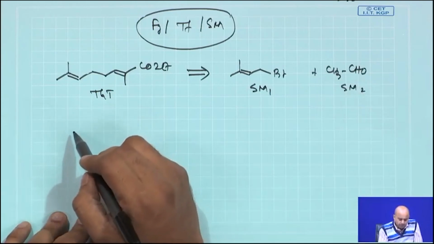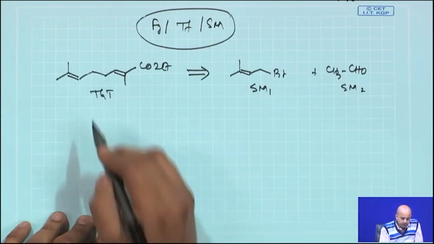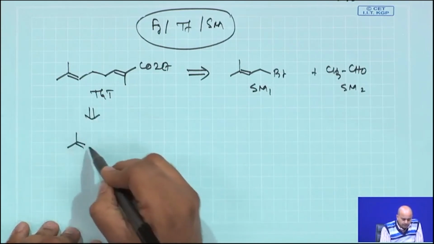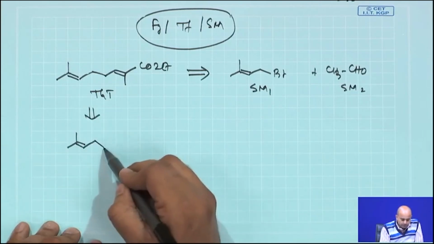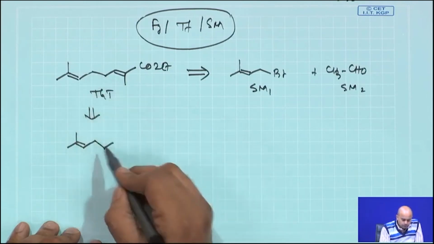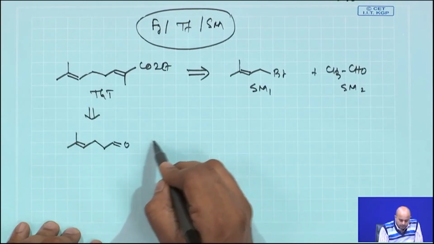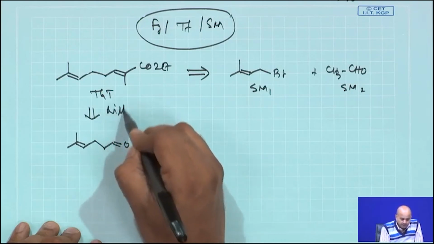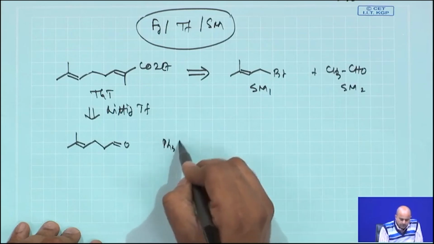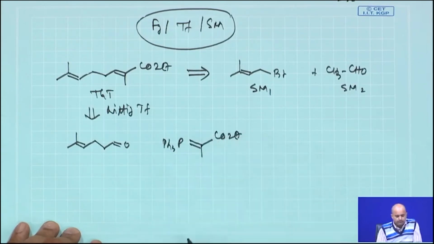Now, let us see where this acetaldehyde and this compound can be coupled to give you this part. We will initially analyze the standard retro pathway. If you have an aldehyde like this, a Wittig transformation is very much possible, and the Wittig will be using this kind of halide.